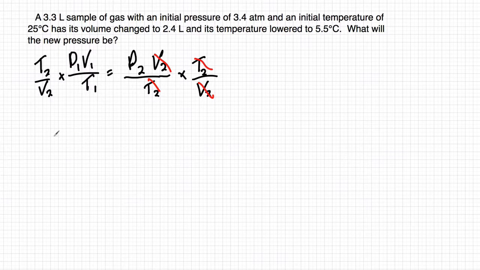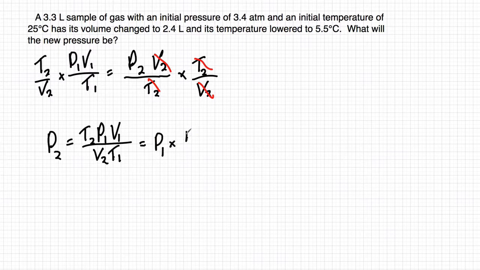So I'm going to go ahead and flip it around. And what I get is P1 V1 T2 all over V2 T1. Now I'm going to go ahead and shift these around just a little bit. I'm not actually doing any algebra here, I'm just prettifying the equation.